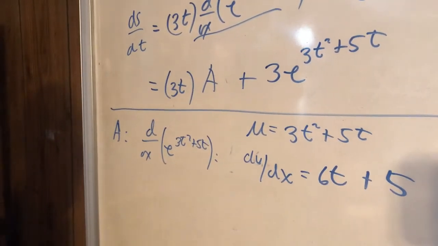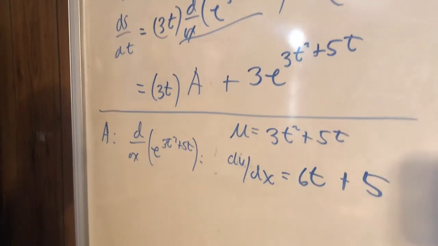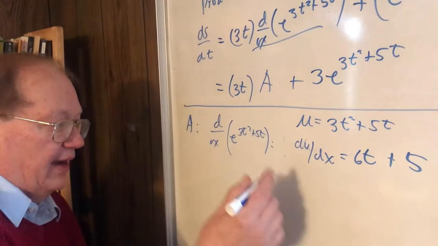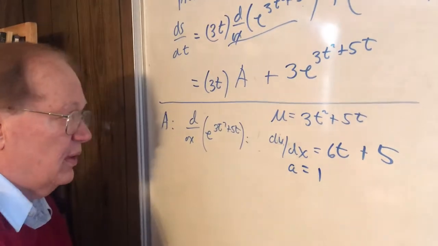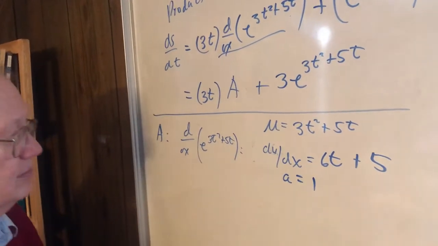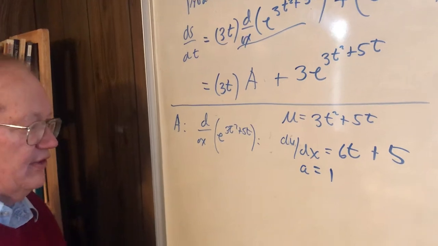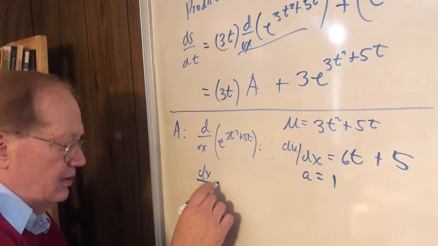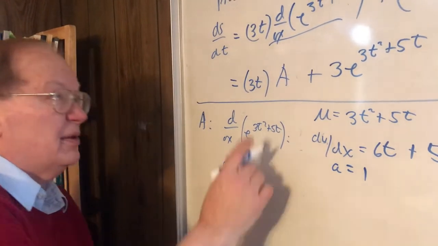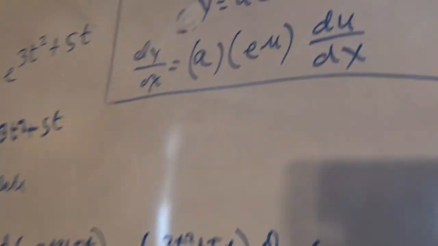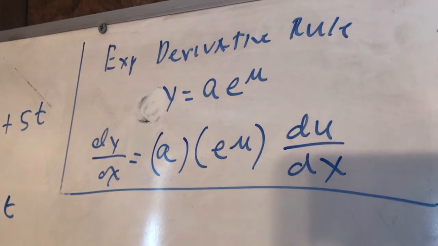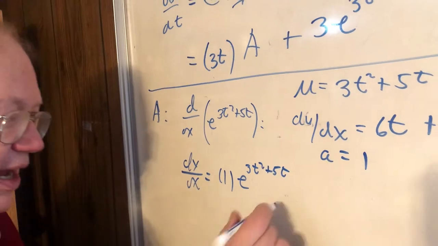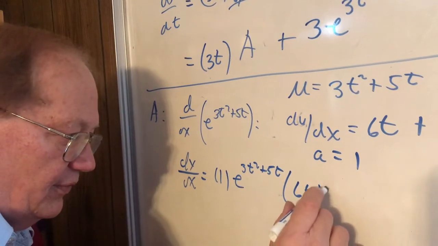And what's a in this case? Well, I didn't have the 3 there, so a is 1. Okay? So the 3 is outside here. So basically this derivative is going to be a times e to the u, look at the rule over there, e to the 3t squared plus 5t times 6t plus 5.